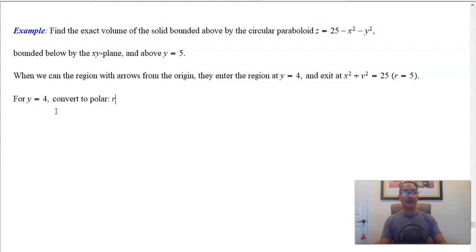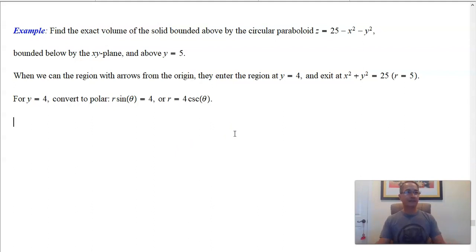So y we know is r sine theta. So r sine theta is equal to 4, or we can write that as r equals 4 over sine, also known as 4 cosecant theta. As you can imagine, in the example in the text, we have secant theta instead.